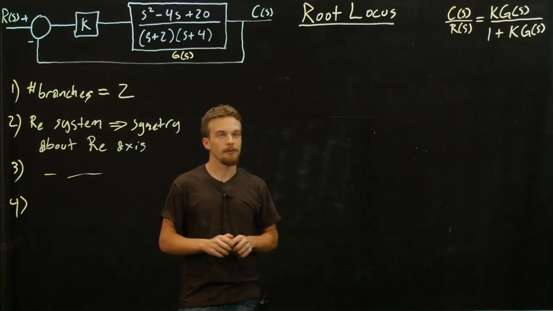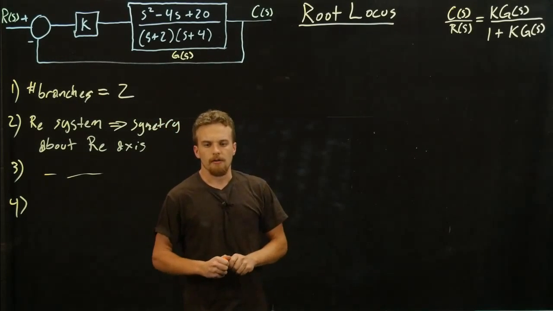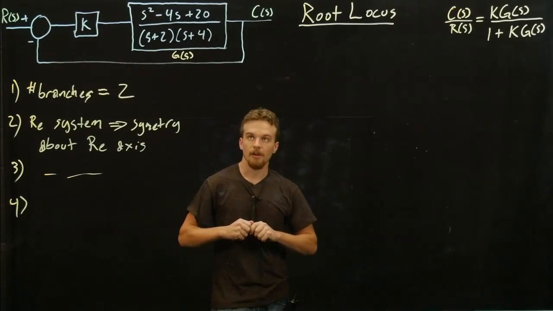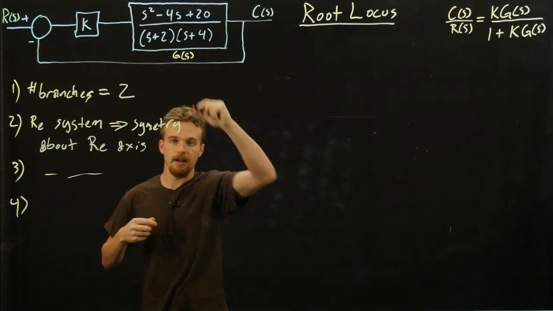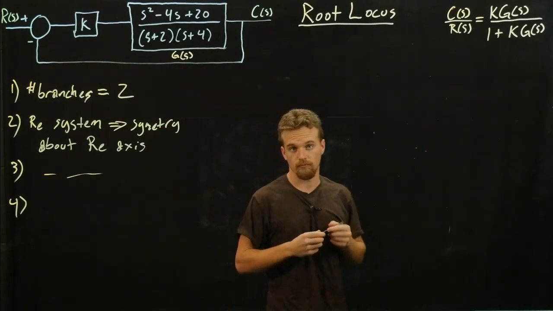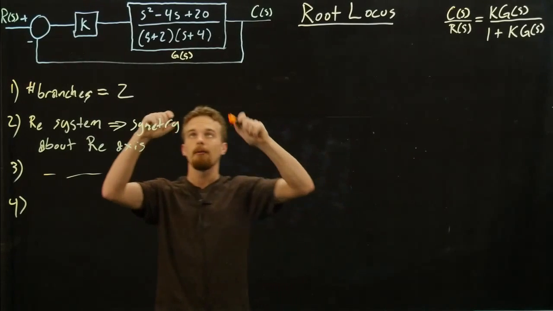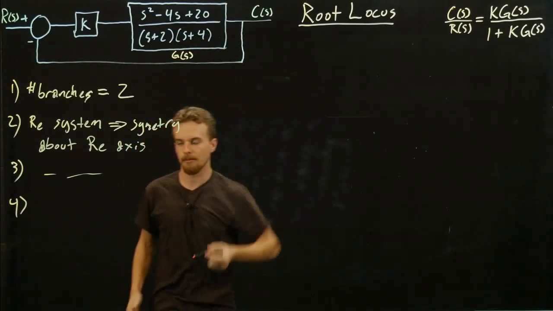And when we say the root locus begins, that means k equals 0. So the root locus begins at the poles of the open loop transfer function, g of s, and it ends at the zeros. That's kind of interesting because we're dealing with a closed loop, but all the information we really need is the poles and zeros of our open loop.